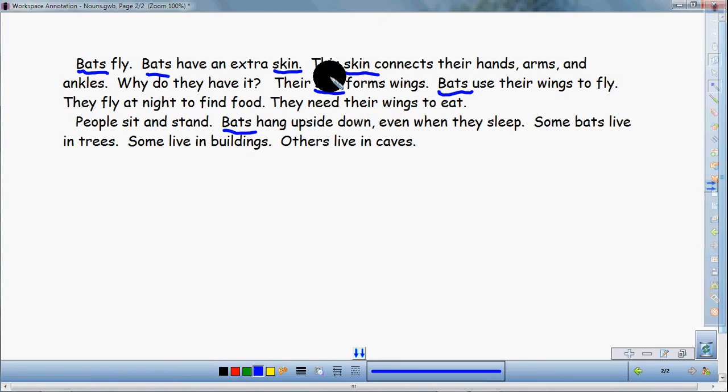Let's look at the third sentence. This skin connects their hands, arms, and ankles. Do we see any other people, places, or things? Yes. Hands, arms, and ankles are all parts of the body, so they are all things.